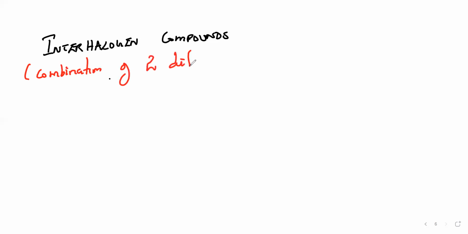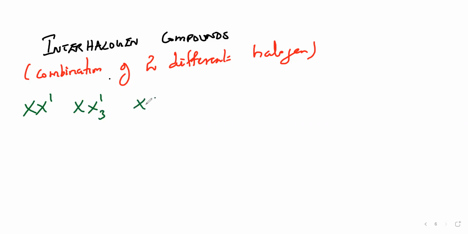So I'll write down the various combinations: XX', XX'3, XX'5, XX'7. The 1, 3, 5, 7 show the oxidation states, which I discussed in the last class.